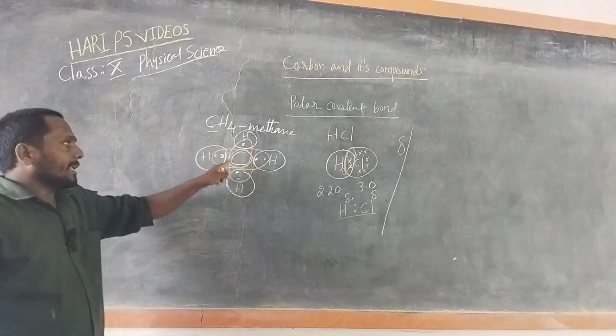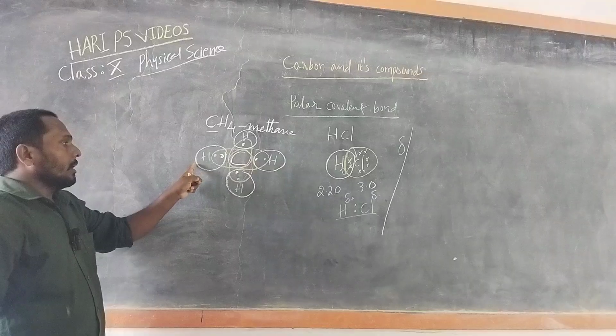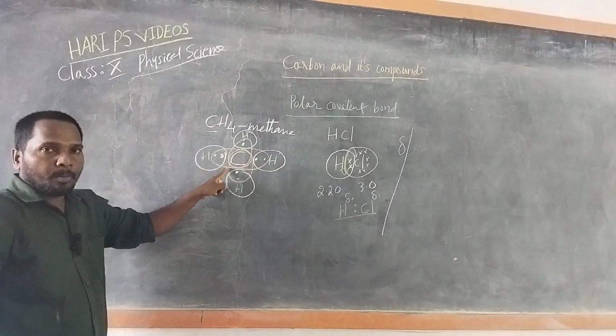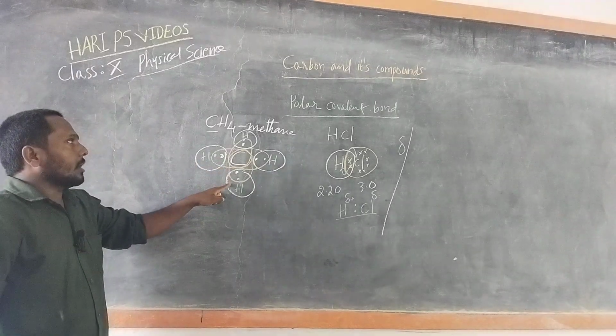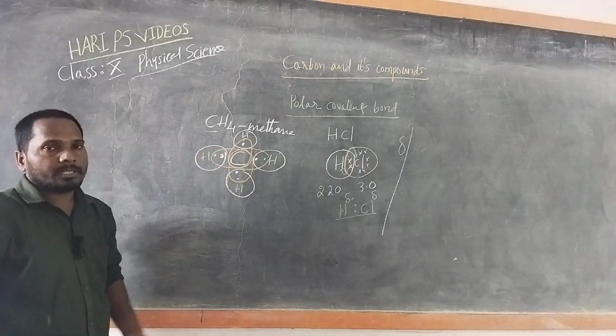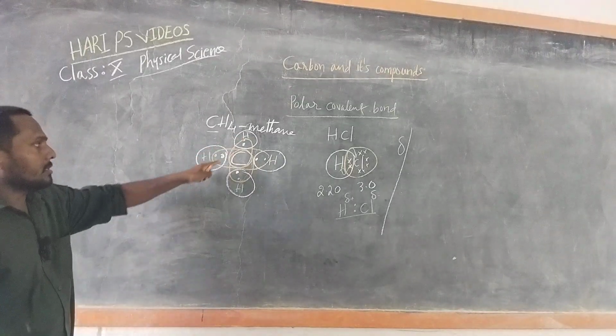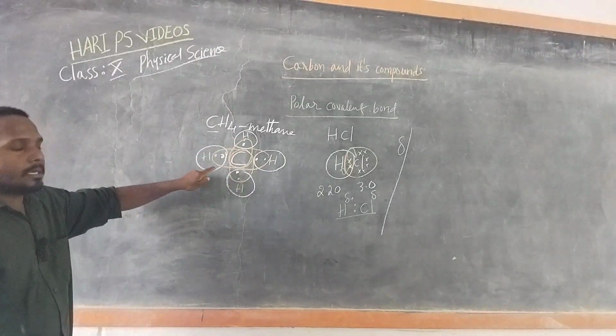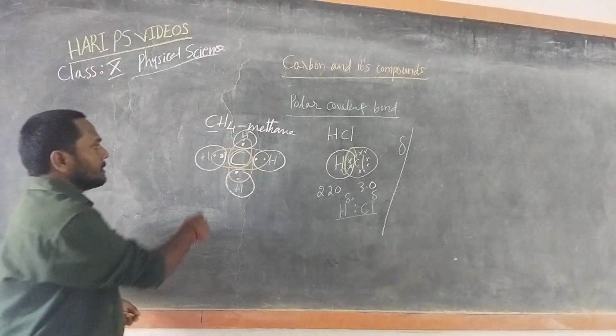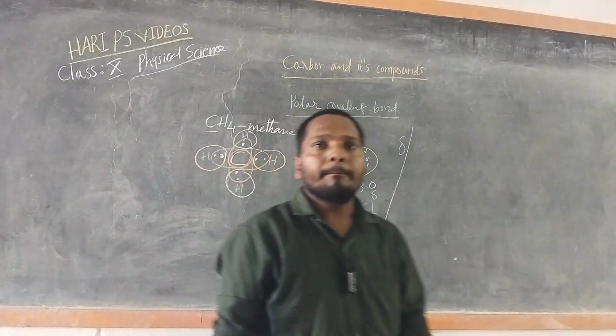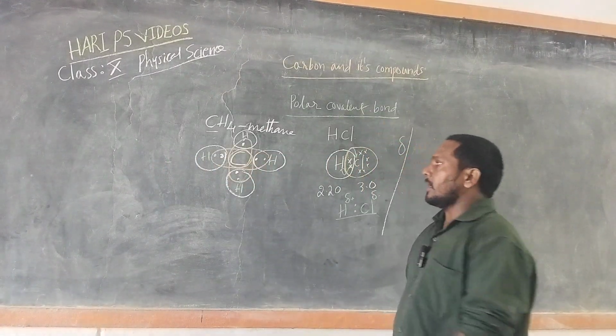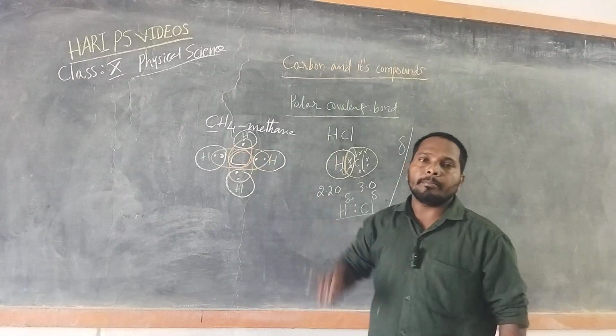So by sharing of electrons, a carbon compound is formed. The carbon compound is methane. So this is the Lewis dot structure of methane, or simply the electron dot structure of methane.